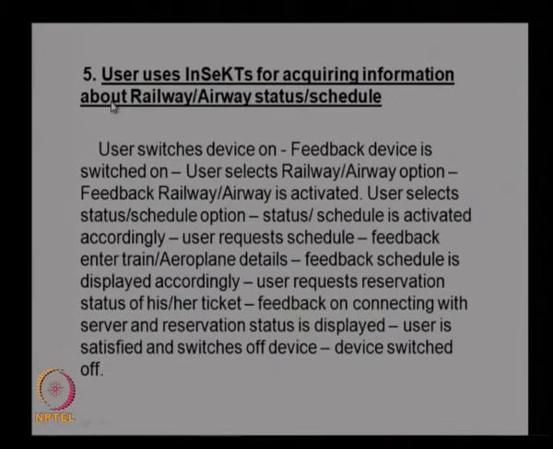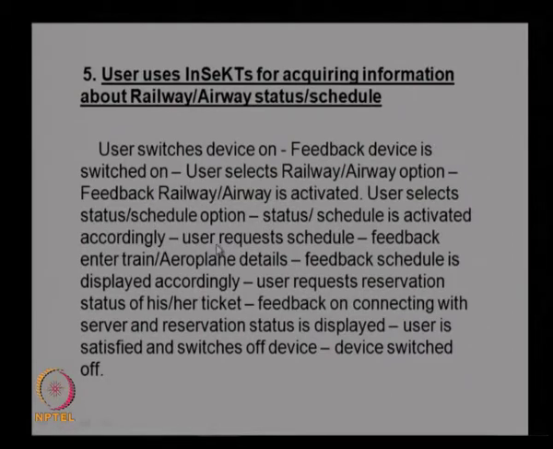This is for railway or airline status or schedule information. Here the user will select an option available in the system, and based on that the required information will be provided. If it is a paid service, then he will be asked to pay the money, otherwise the information will be provided.